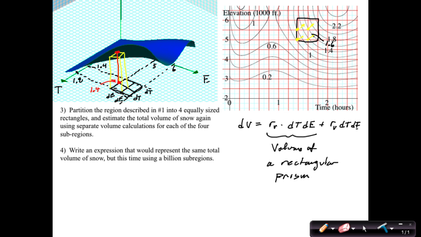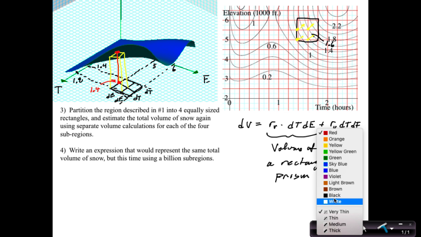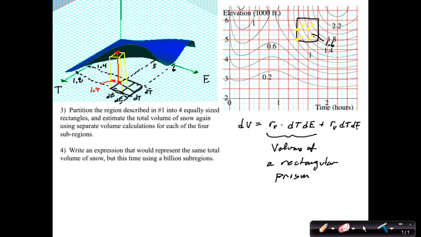So then, from a volume perspective, we know that this was our volume of snow. But then there's a different volume we're talking about now. The volume from the surface defined by that rectangular region up and down.